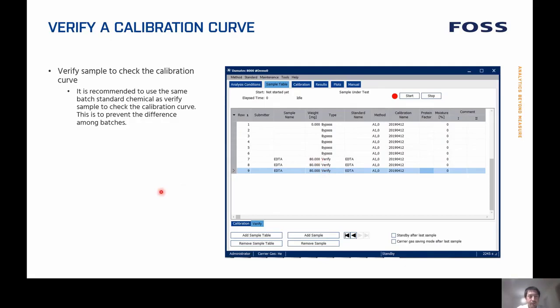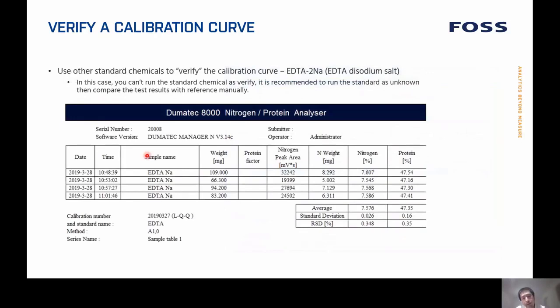So verify the sample to check the calibration curve. It's recommended to use the same batch standard chemical as verified sample to check the calibration curve. This is to prevent difference among the batches. And also you can use other standard chemical to verify the calibration curve, for example, this EDTA disodium salt.